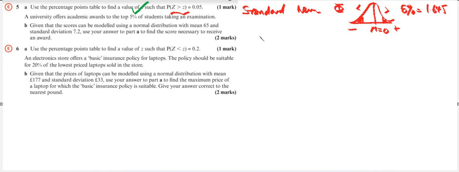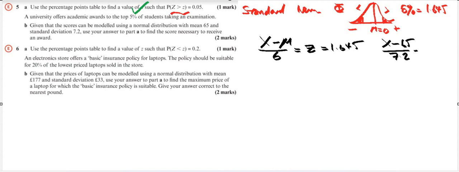We know to do that, we take a value of x, we subtract the mean we're given, we divide it by our standard deviation, and the answer is z. Well, we found z was equal to 1.645. So we've got x minus 65, all divided by 7.2, and the answer is 1.645.